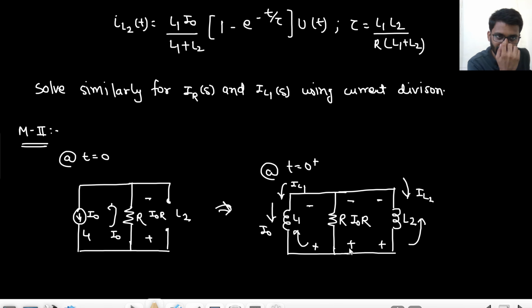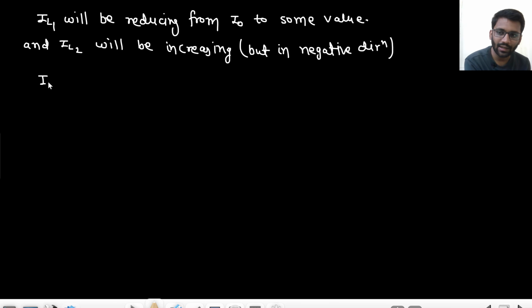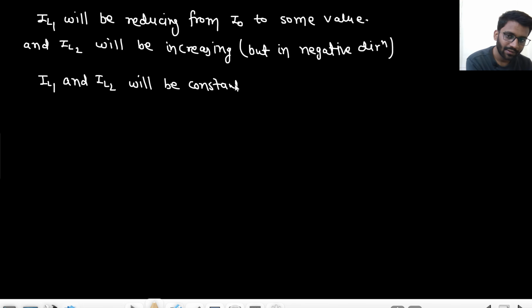Now when will the increase and decrease in the currents stop? IL1 and IL2 will be constant. This is what steady state is, right? Steady state is when the current in the inductor is constant. It will be constant when the drop across them becomes 0.